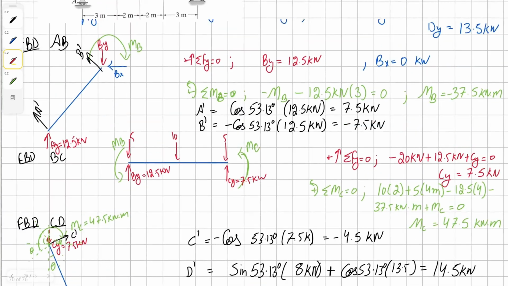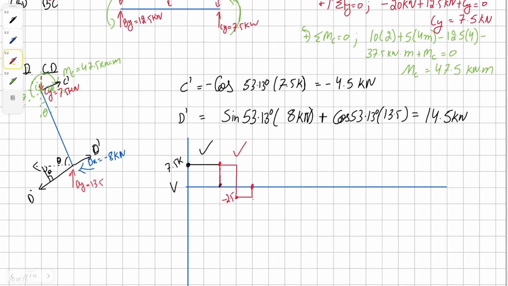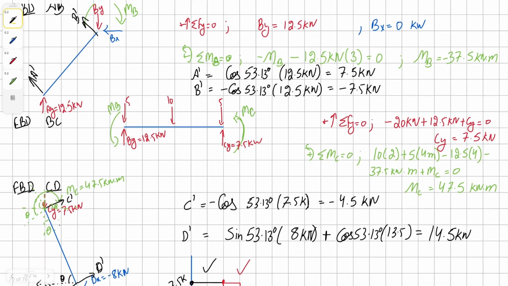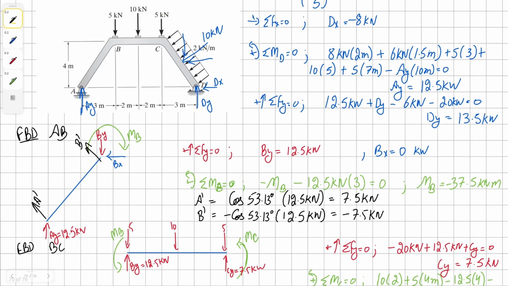And then for our final member CD, we have C prime, which is negative 4.5. So we're going to go down 4.5, and from there nothing's going to happen again. Oh, pardon me, this is a uniform distributed load.